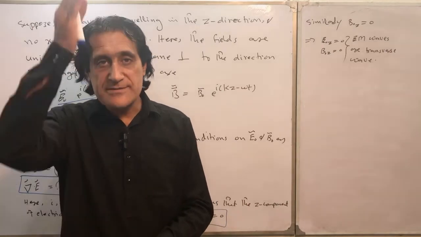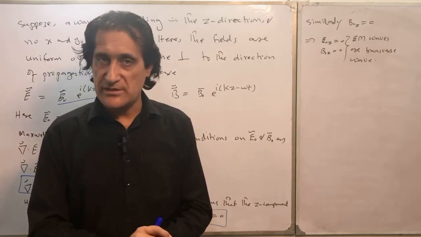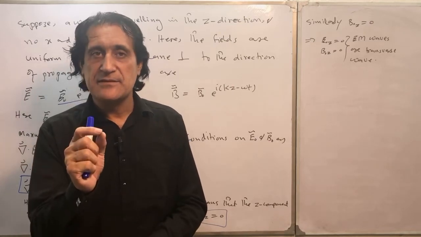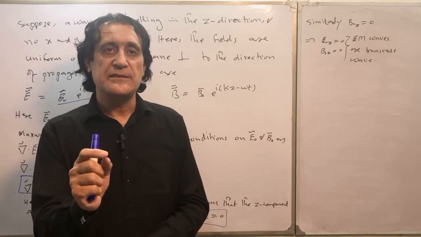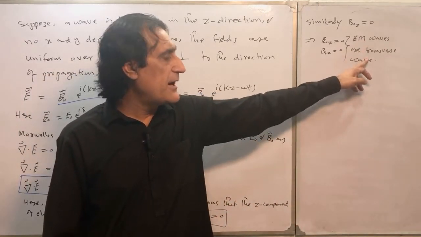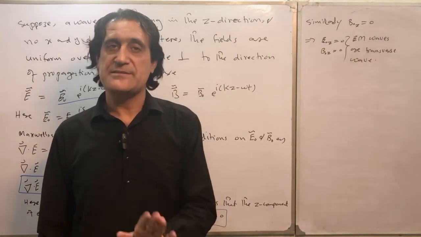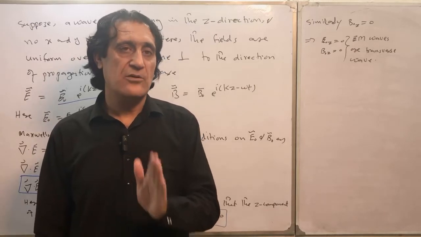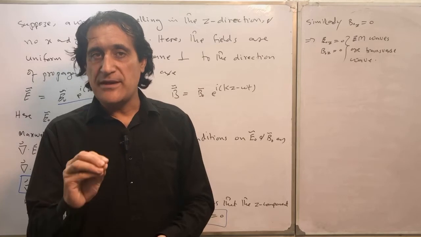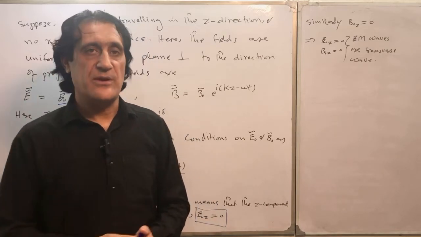It will also oscillate perpendicular to the direction of propagation. So it means that electromagnetic waves are transverse waves. This is the point that we are looking for: electromagnetic waves are transverse waves.